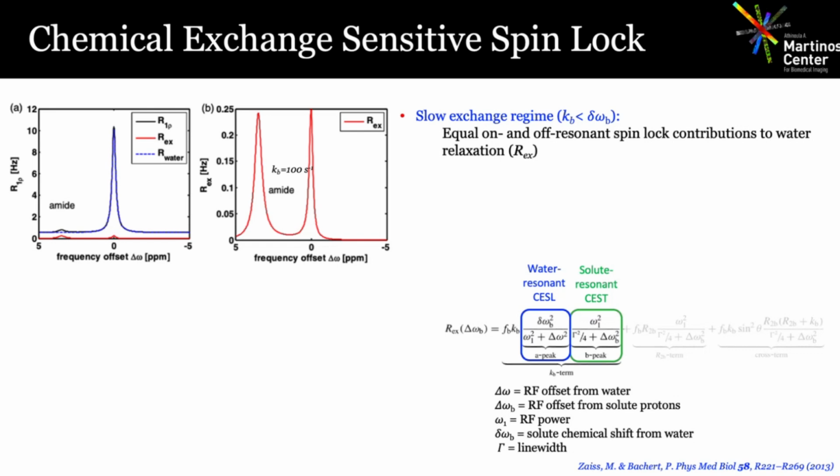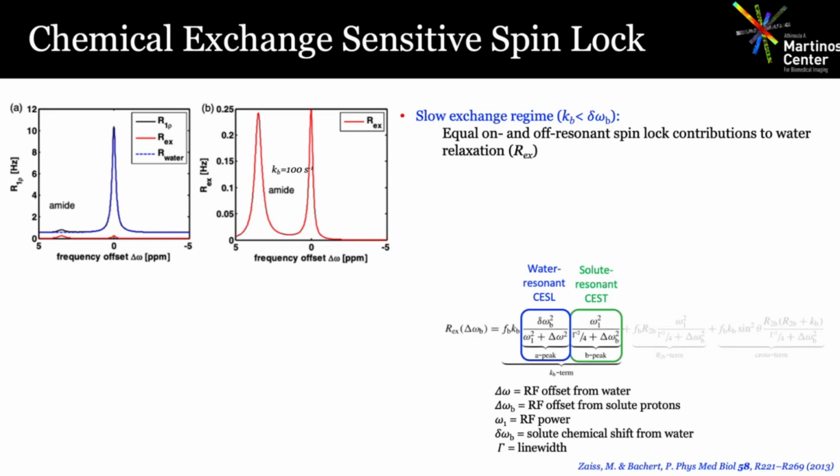You have this water resonance spin lock term, where delta omega is the offset from water. And you also have a CEST term, delta omega B, the offset from your solute chemical shift. And in the slow exchange regime, so exchange rate of about 100 per second, the contributions from the on-resonance spin lock versus off-resonance, they're about the same.